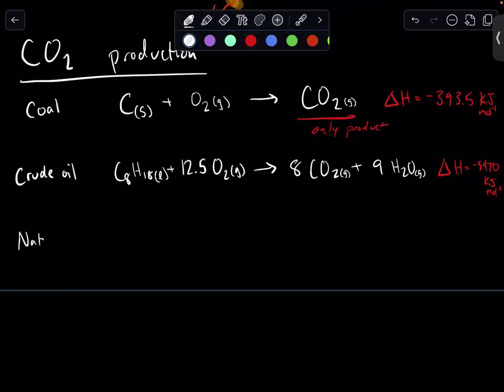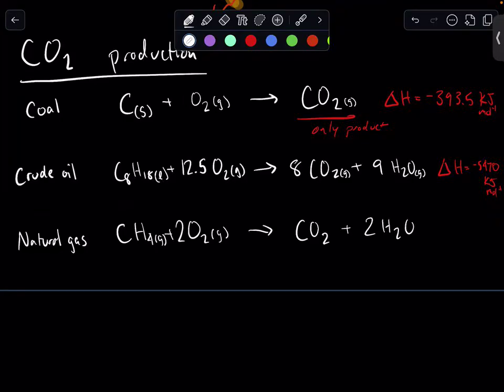Lastly, we have natural gas, and that's methane, CH4 plus O2, both gases, produce CO2 plus 2H2O. And we have a 2 in front of this. This is also a very exothermic reaction, with a delta H of about negative 890 kilojoules per mole.